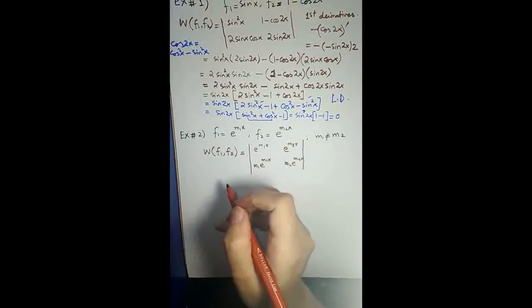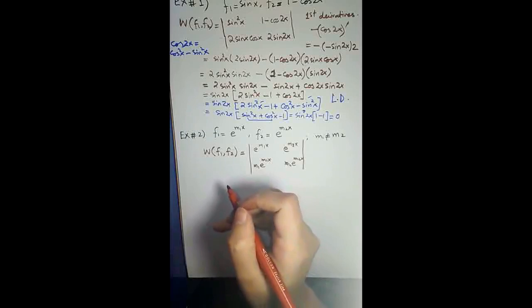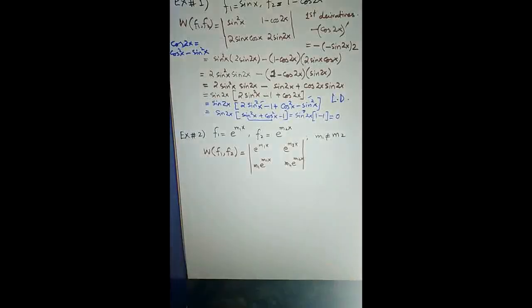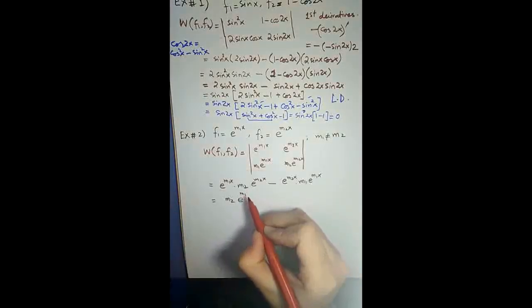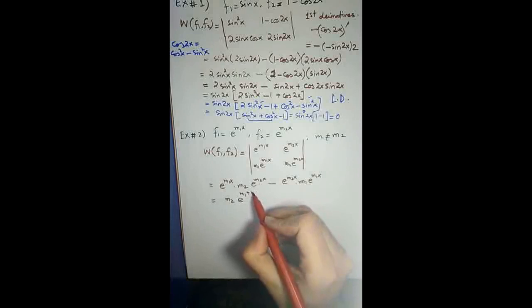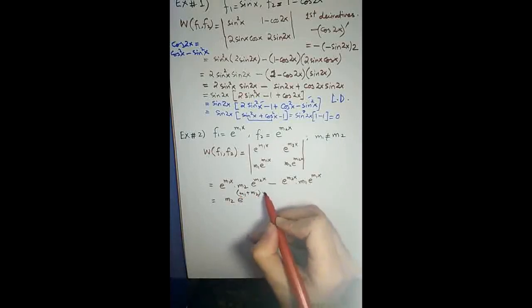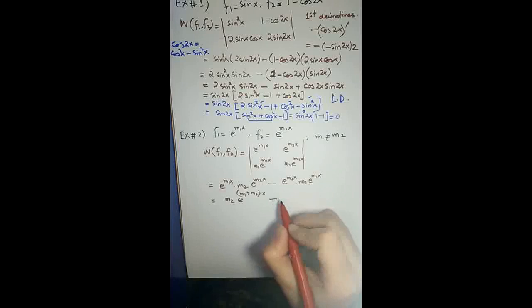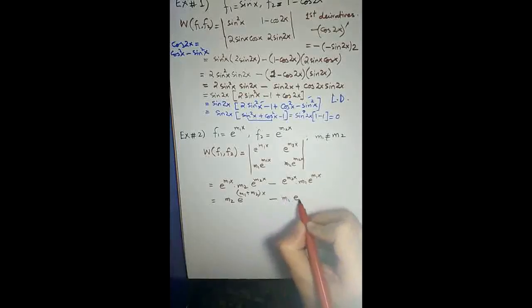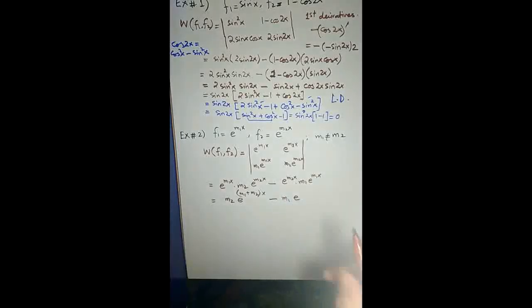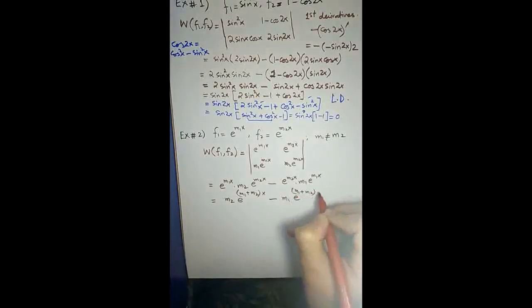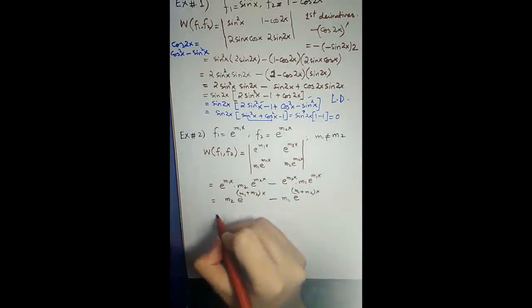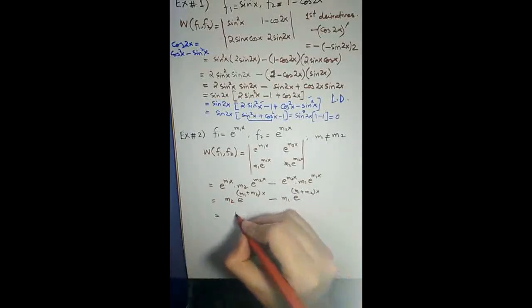You have to take its determinant. A 2 cross 2 has a very easy determinant: e to the power m1 plus m2, base is the same so powers are added, minus m1 e to the power m1 plus m2 into x, so that becomes m2 minus m1 into x.